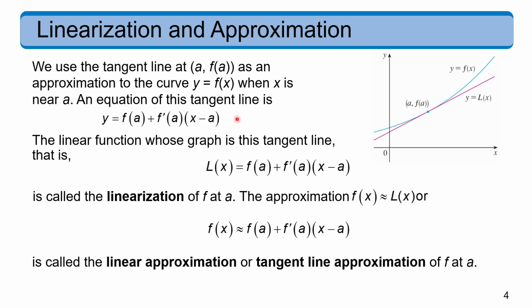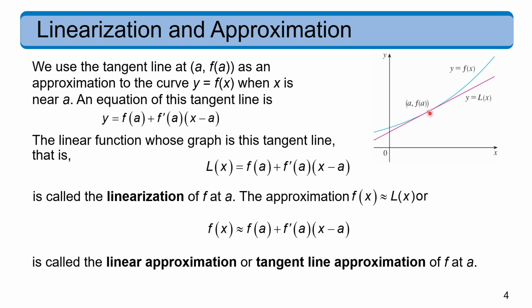This is the equation of the tangent line in red here. Now we're just going to call it L of x. We're going to name this function by replacing y with L of x. And we give it that name because we call it the linearization of f at a. Right? And the reason we call it linearization should be pretty clear.